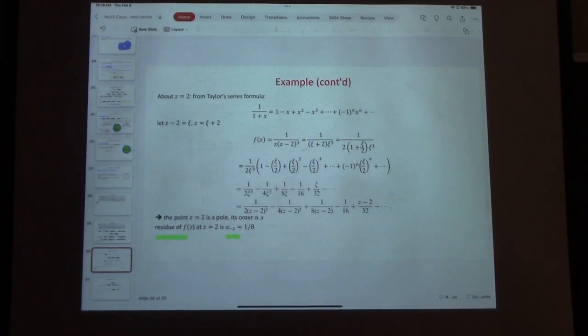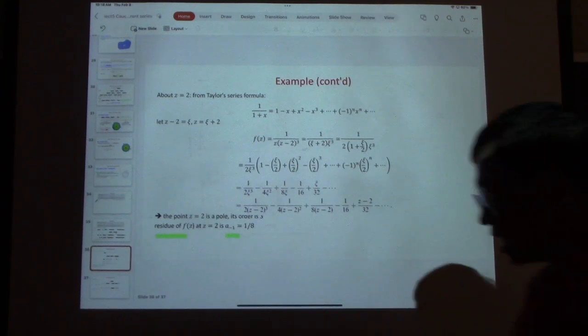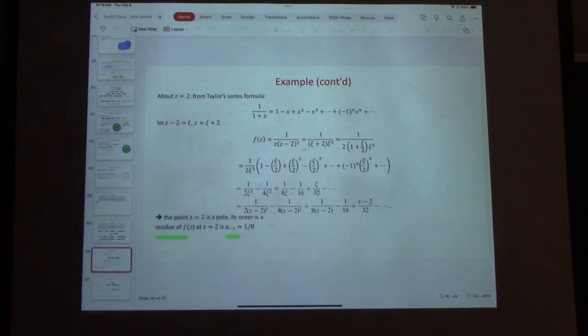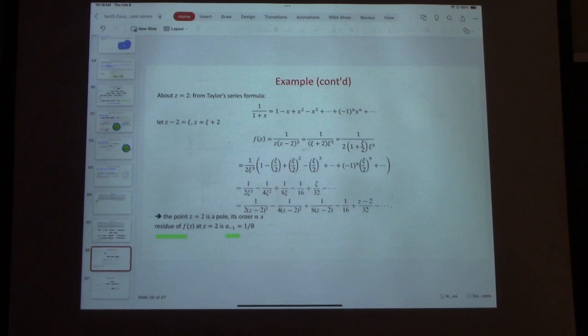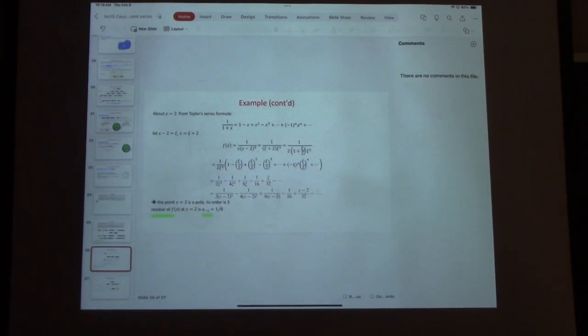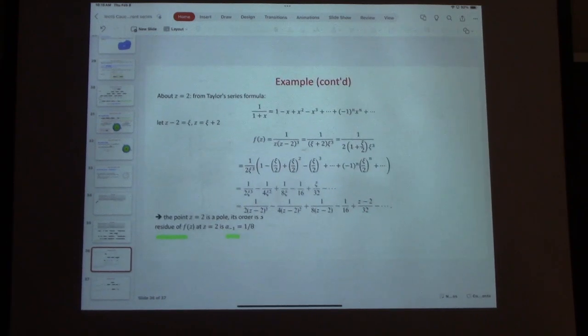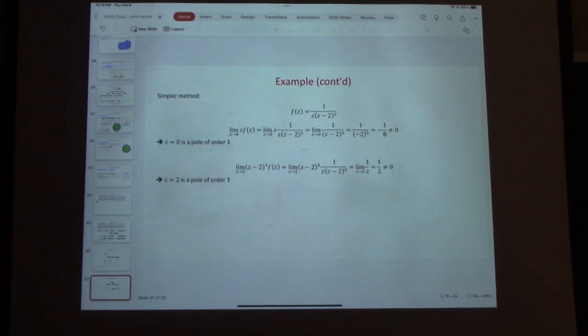Why? I'm going to show you later, okay? Because that coefficient is called the residue. The residue is the term that will produce some result when you do a contour integral, a loop integral. All the other terms just disappear, okay? That leads to a very famous theorem called the residue theorem.